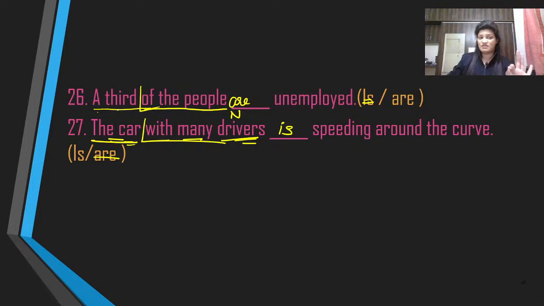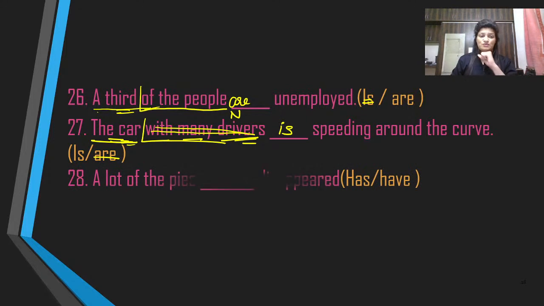And when you do not have these phrases, and you have proper nouns, then you ignore the prepositional phrase. That's the rule. Different rules, pretty confusing. So just be aware of when to use the prepositional phrase and when not to. Having said that, let's go to the next question.